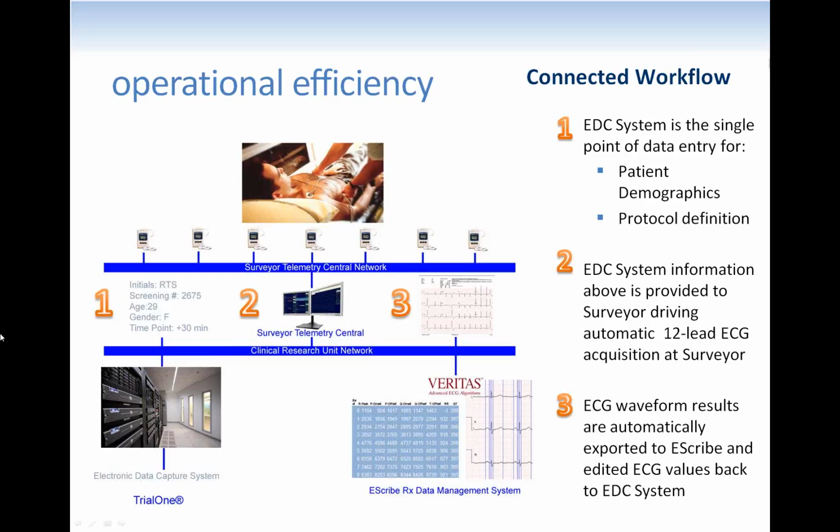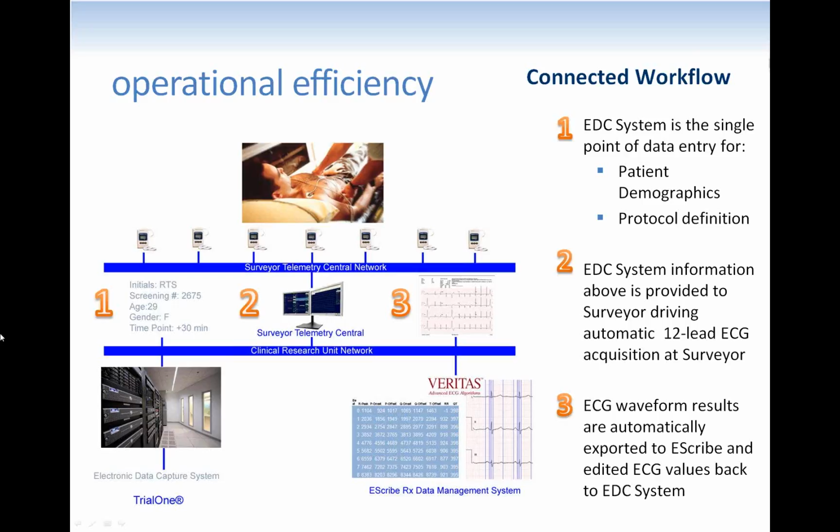We simply have the information for the demographics and the time points pushed to the Surveyor system from the Trial 1 system. And what that does is it, A, eliminates the number of operations required per ECG, and therefore increases the likelihood that we'll have a good quality and complete ECG with the right time point information.